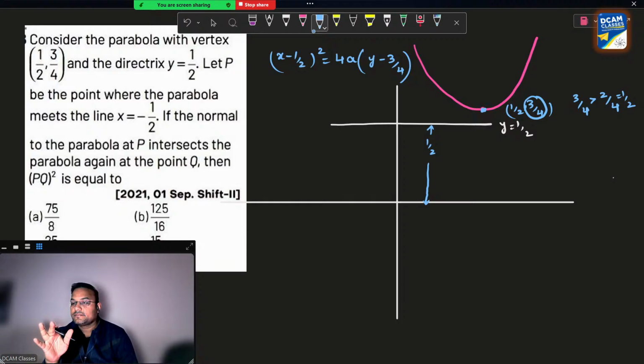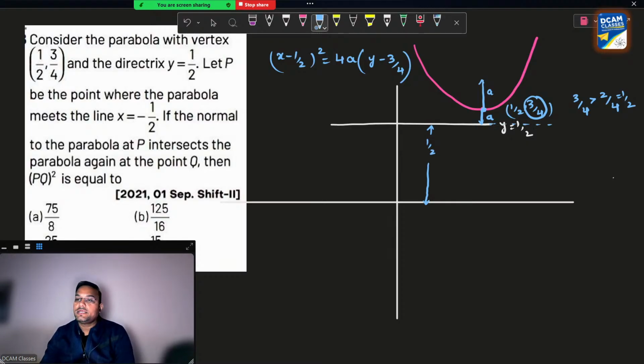But what we know about the directrix is that the distance of the focus, which is a, and the distance of the vertex from the directrix is actually the same. So the directrix lies behind the vertex, not towards the parabola. It always lies behind the vertex. That you know, na? So the vertex has to be this, the directrix has to be this way.